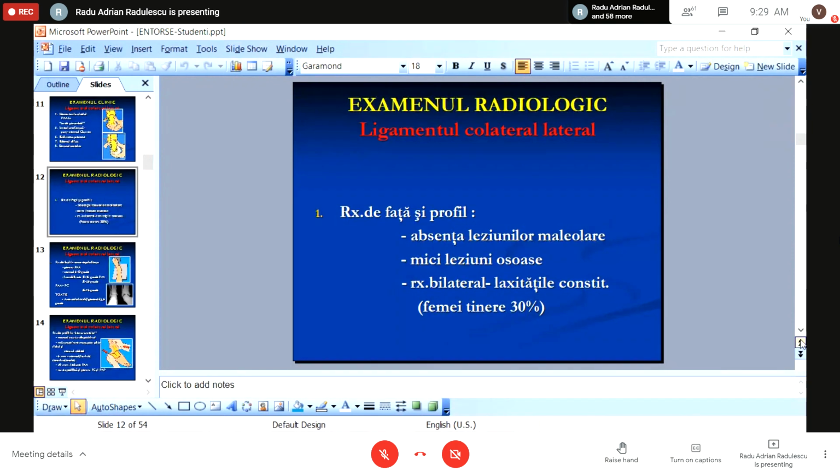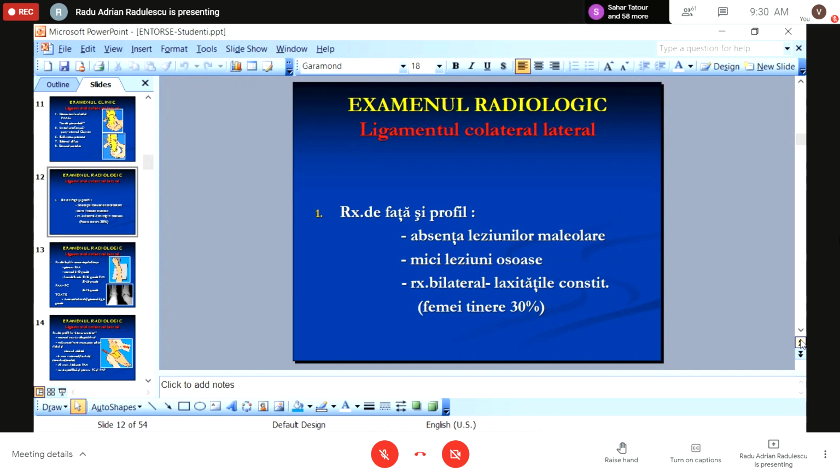So these two pathological findings are very easily confounded. That's why we need, first of all, an X-ray in order to eliminate the possibility of a lateral malleolus fracture. So if this doesn't exist, then the diagnosis will be a sprain.